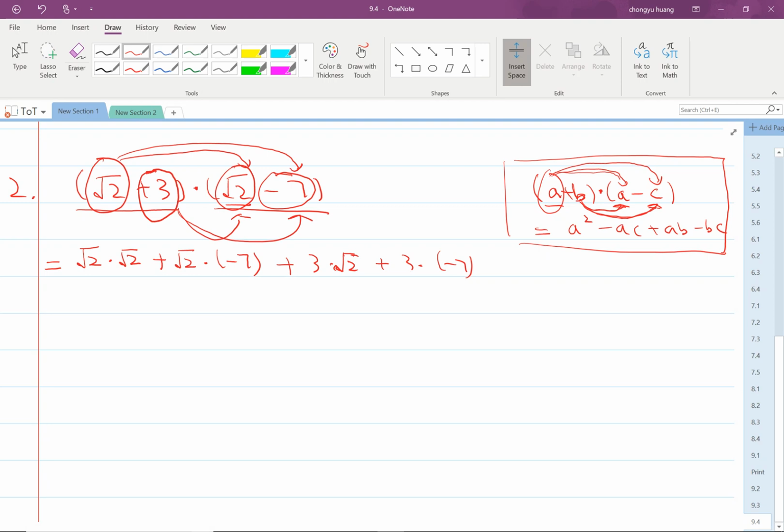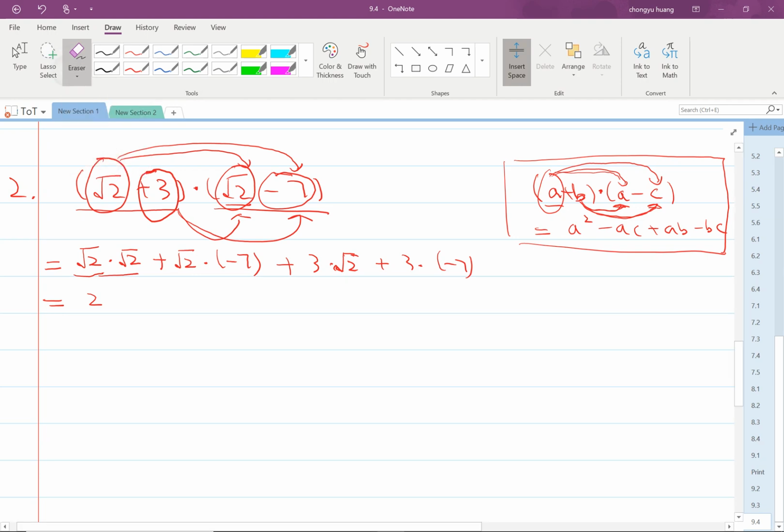Now we want to simplify this. On the first term, we have the square root of 2 multiplied by the square root of 2, which is actually equal to 2. The square root of 2 multiplied by the square root of 2 is equal to the square root of 2 to the power 2.